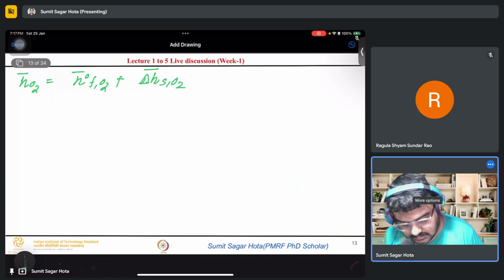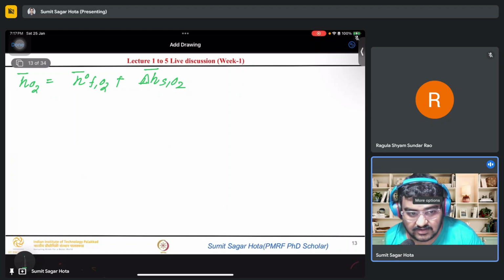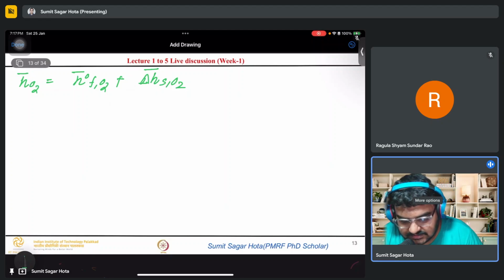Okay. So since oxygen is already available in the atmosphere, for forming oxygen we don't need any kind of enthalpy. Okay. So for all the naturally occurring substances like oxygen, nitrogen, the enthalpy is always 0. Okay.